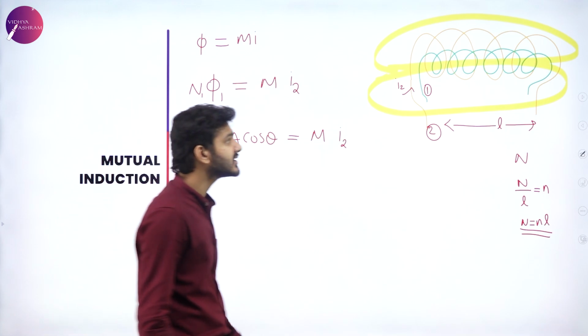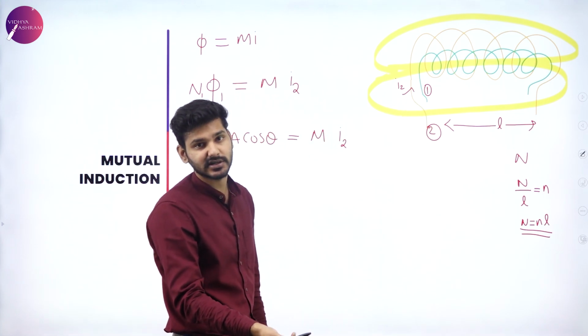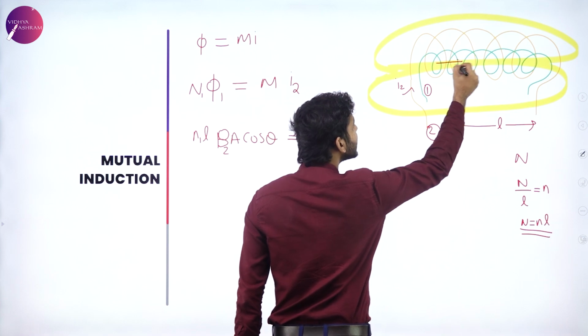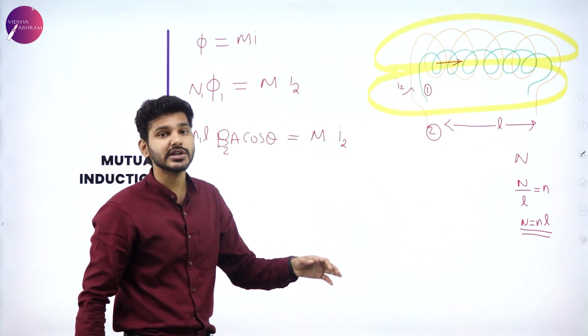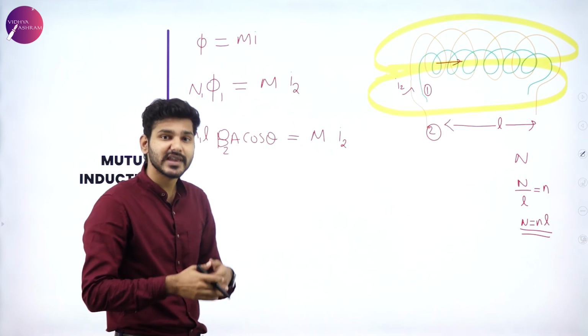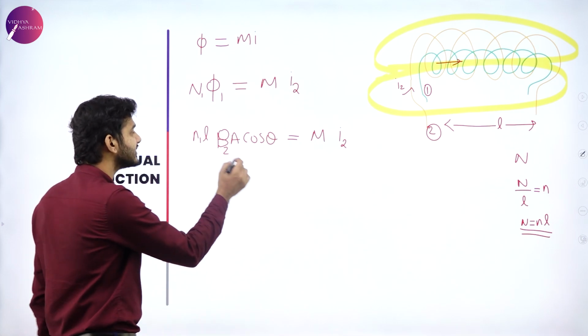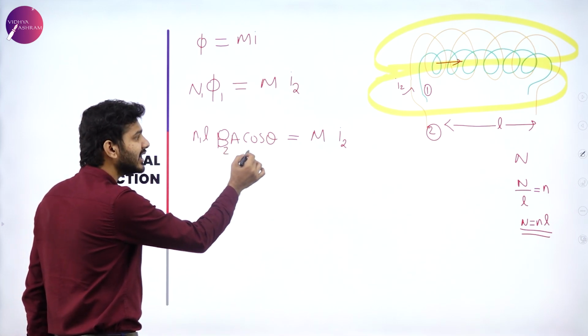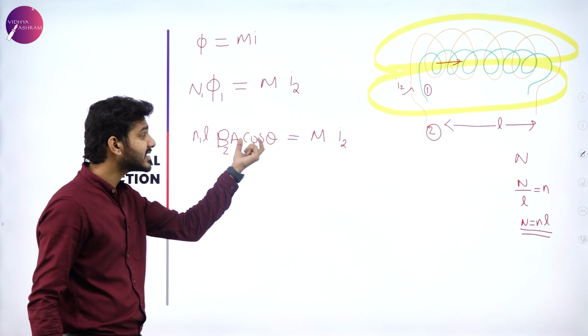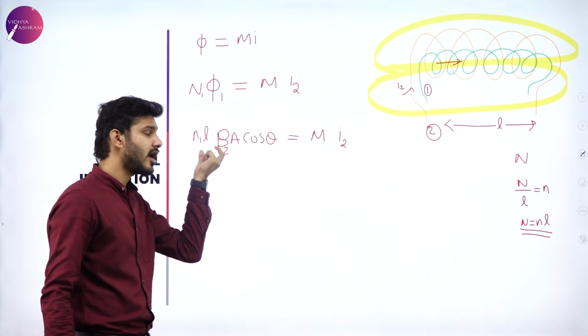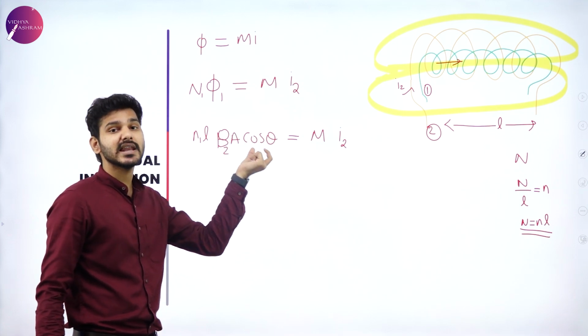Again, why? Because A is the area vector. Here we know that the area vector of coil 1 and coil 2 are both in the same direction, so we can take A as general. So we can say B2 into A into cos theta. Cos theta is the angle between magnetic field lines and area vector.